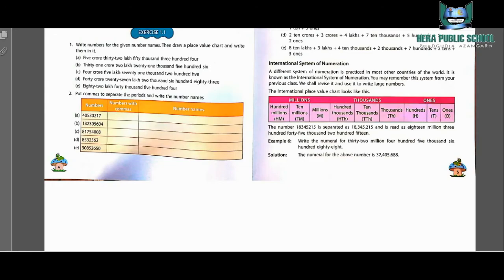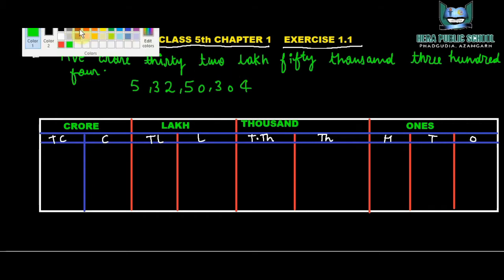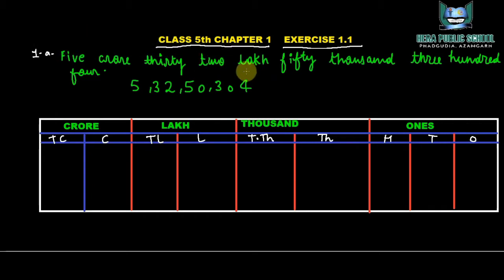Now we have to write these digits in place value chart. This is ones place, this is tens place, this is 100 place, this is in 1000 place, this is in 10,000 place, this is in lakh place, this is in 10 lakh place, and this is in crore place.